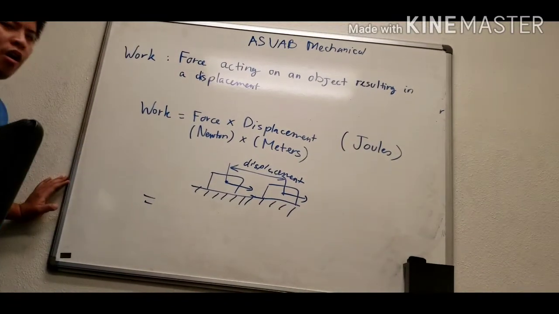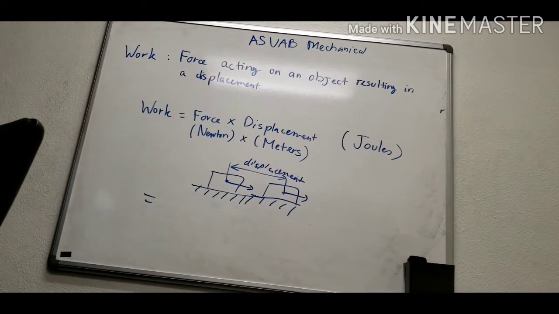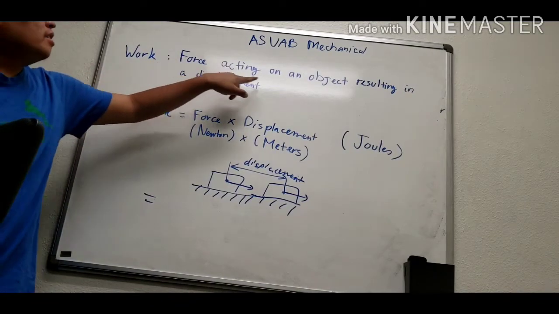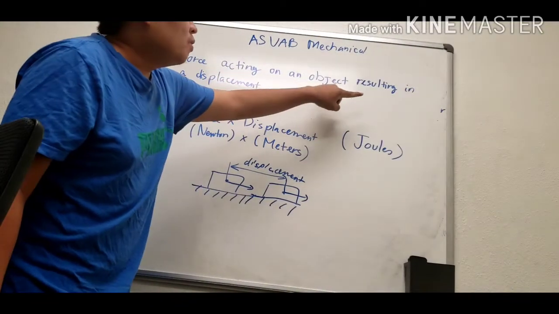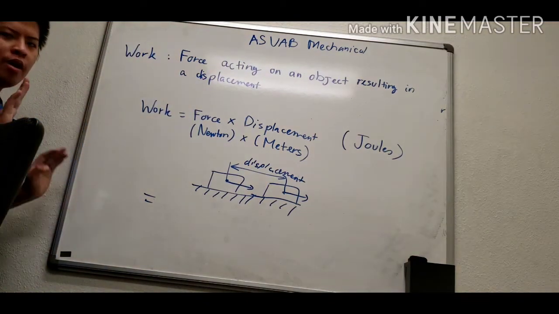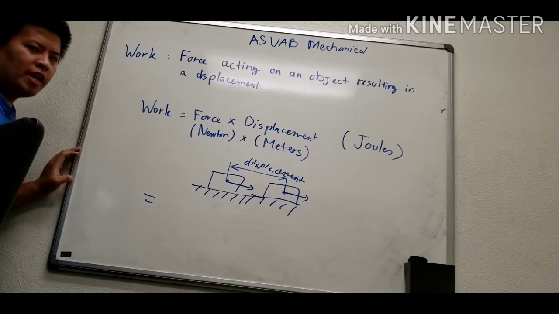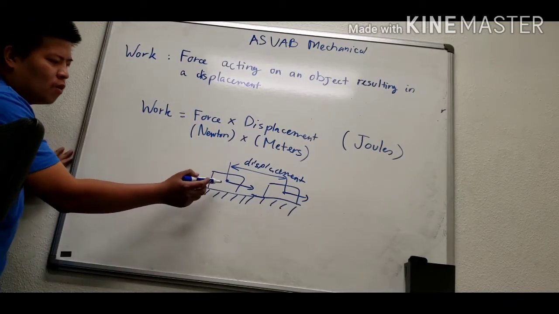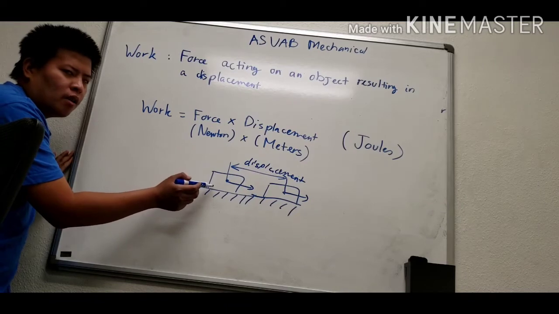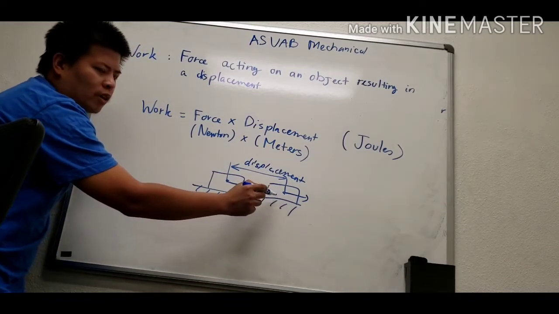Now I will talk about work. The definition of work is force acting on an object resulting in a displacement. This means that if we apply the force, the object will move to a new location. For example, we have an object on the table and you move the object to a new location.